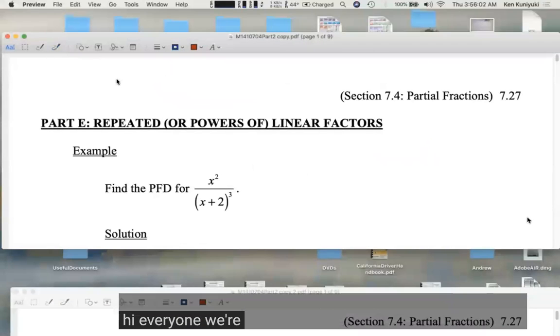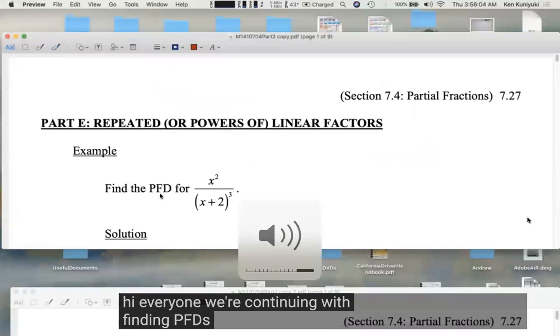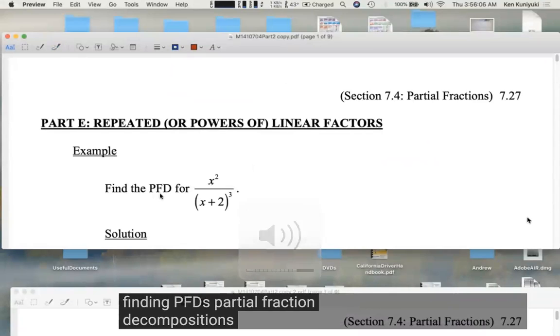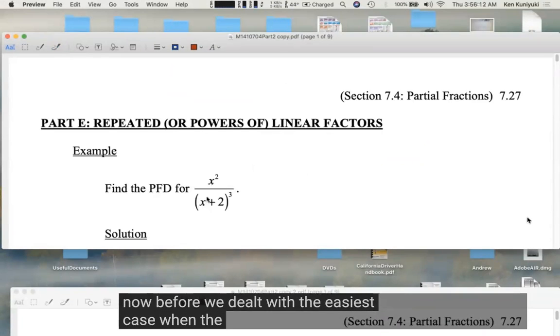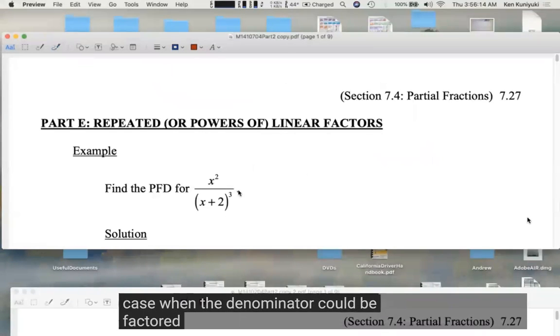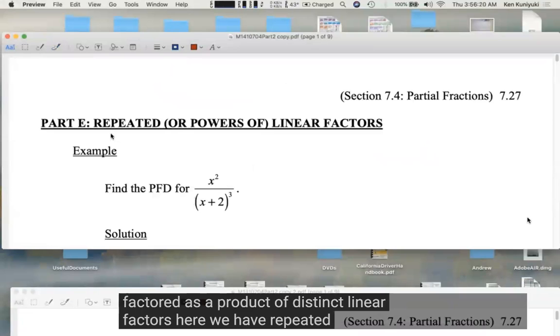Hi, everyone. We're continuing with finding PFDs, partial fraction decompositions for rational expressions. Now, before, we dealt with the easiest case when the denominator could be factored as a product of distinct linear factors. Here, we have repeated linear factors, or powers of a linear factor.